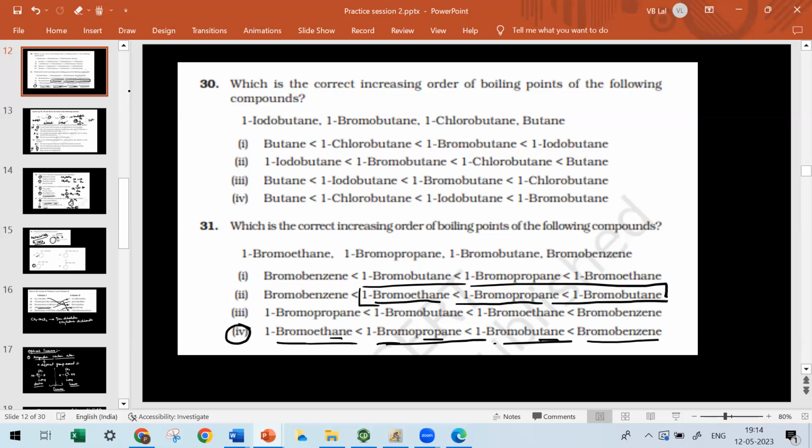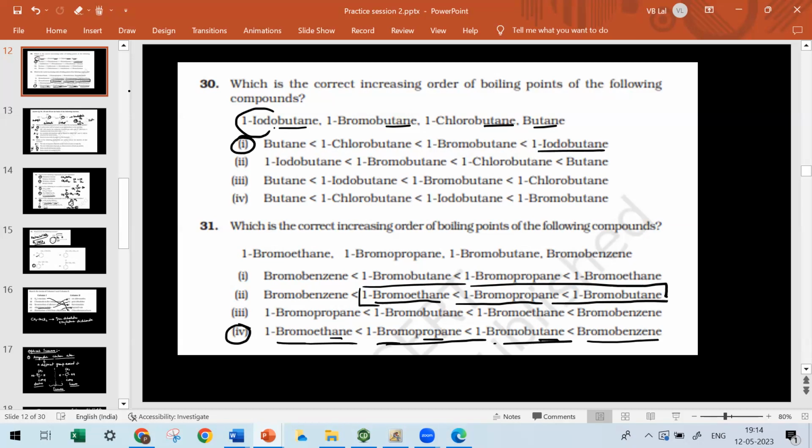But here the base compound is the same, all of them have butane, right? So the carbon chain is not having any effect, but it is the atom which is attached to it. So the larger the atom, the higher the boiling point. So iodobutane will have the highest. So the answer is the first one, right?